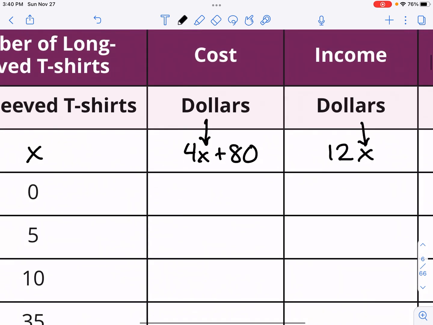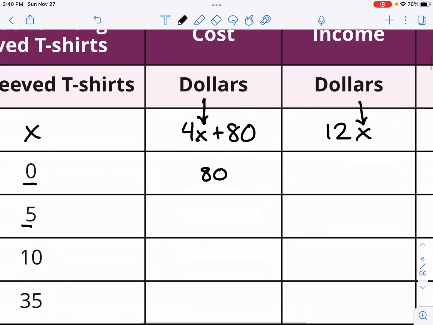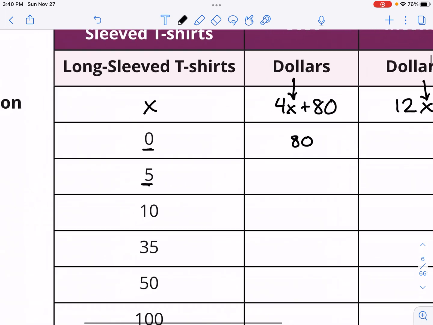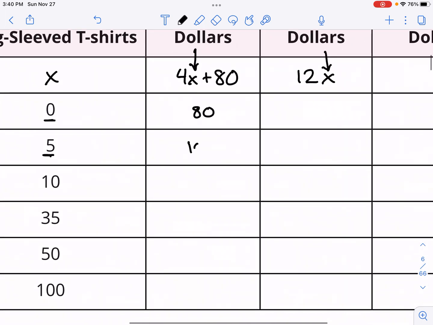We're going to do that all mentally for now. So for 0, 0 times 4 is 0, plus 80 is 80. For 5, 5 times 4 is 20, 20 plus 80, 100. For 10, 4 times 10 is 40, plus 80 is 120. And then we make a big jump here.